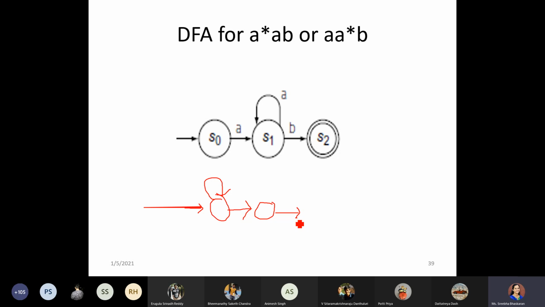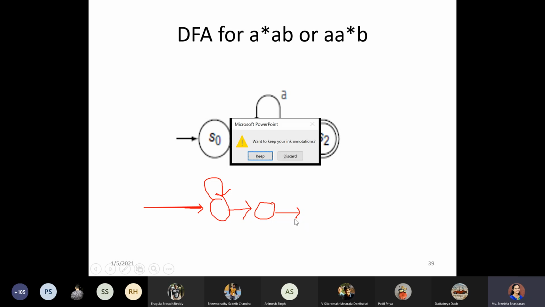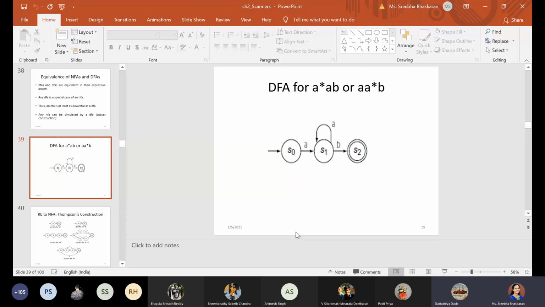Yeah, my pen got stuck. One second. My system got hanged up. One second.